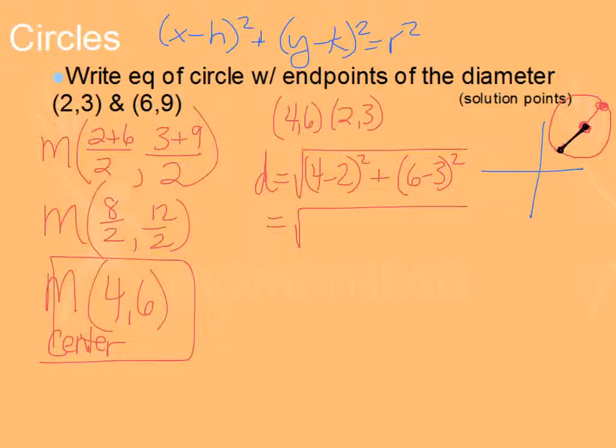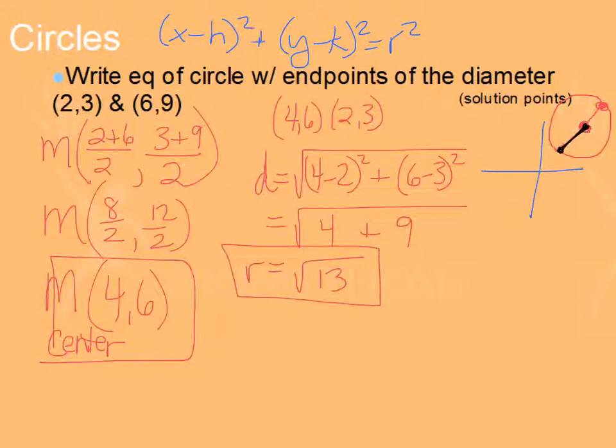So that's going to be 4 minus 2 is 2 squared. And then 6 minus 3 is 3 squared. And so that ends up being the square root of 13. Now remember, that's the distance, or really in this case, that's my radius.